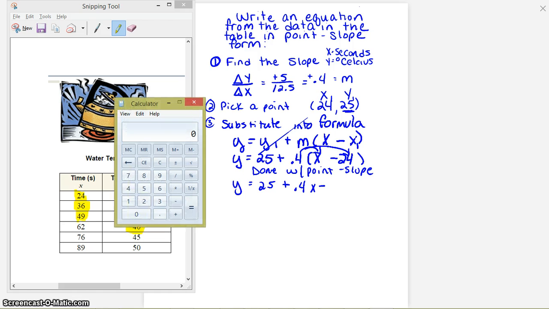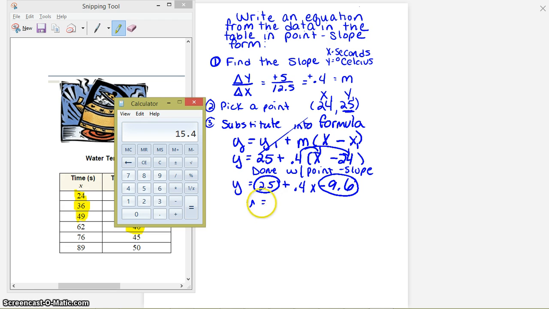Let me get my calculator. 0.4 times 24 is 9.6. Now I can combine my like terms. I have a negative 9.6 and a positive 25. So 25 minus 9.6 is 15.4.